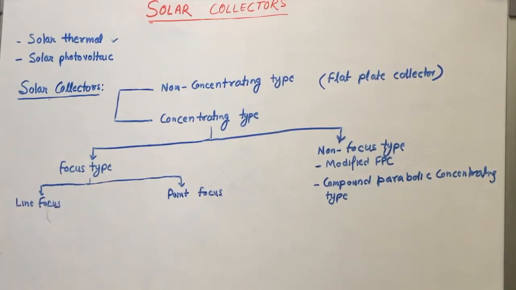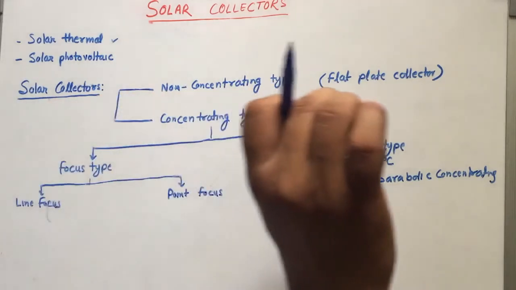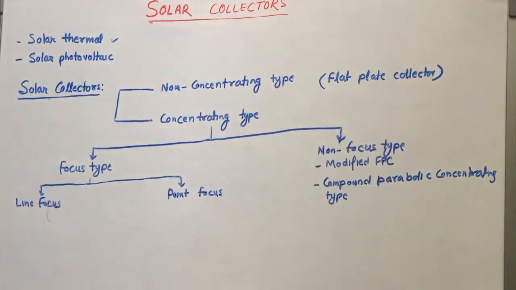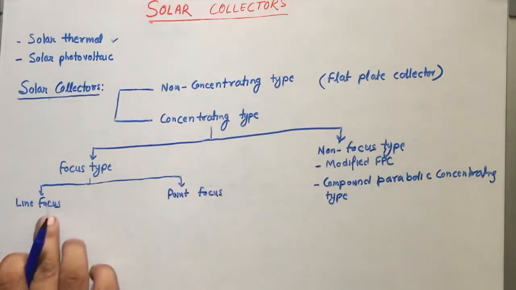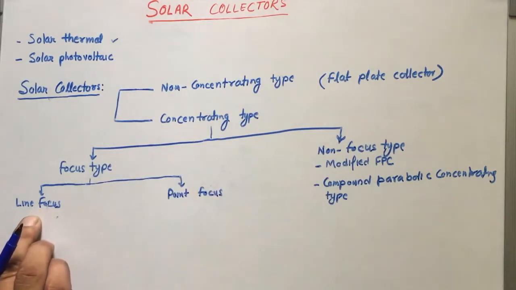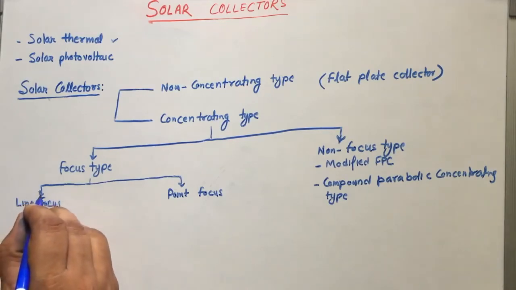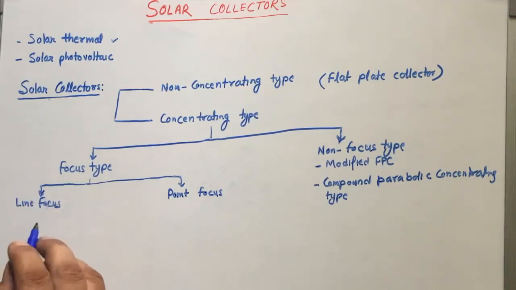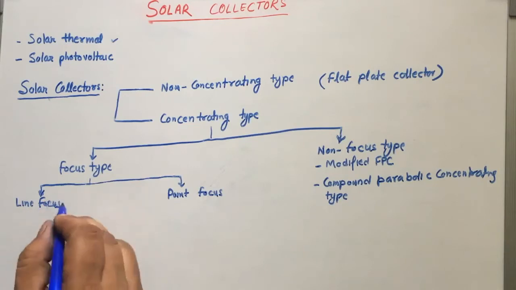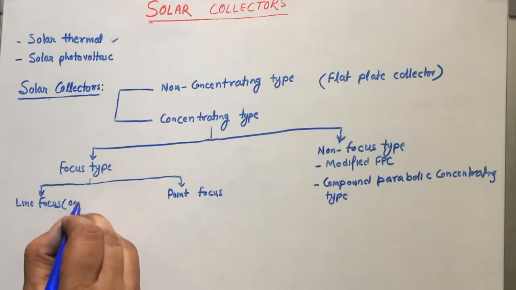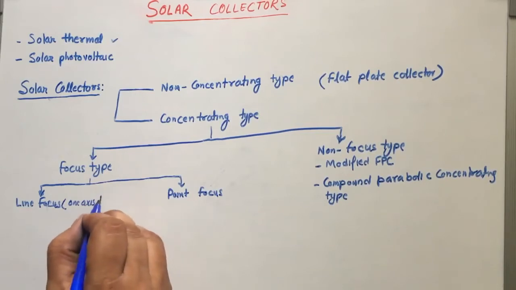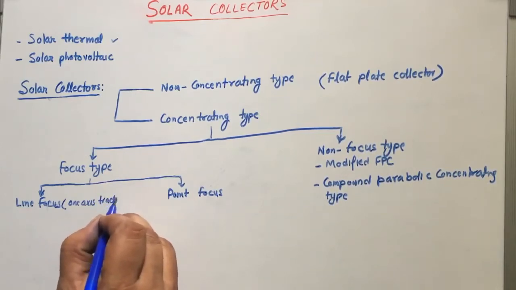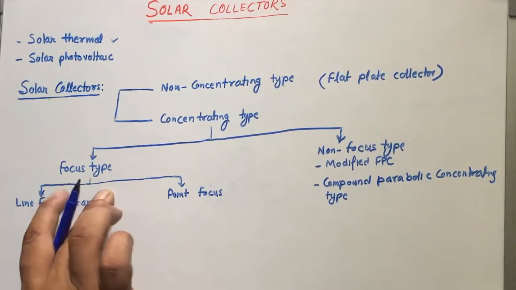In line focus, if we are focusing on a line, then we are tracking the sun radiations, and one axis tracking is sufficient. So here we can say one axis tracking. We will discuss all of them one by one.